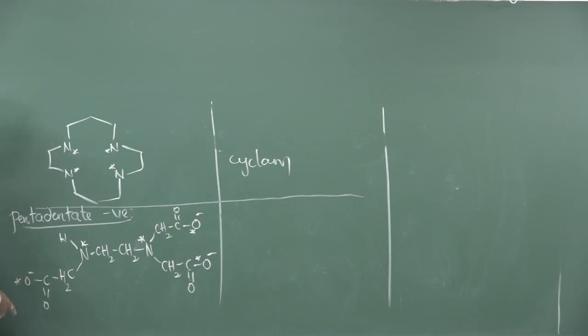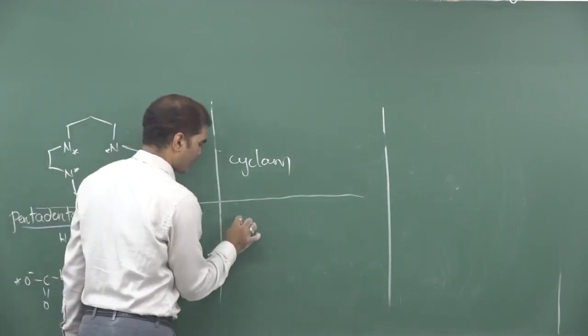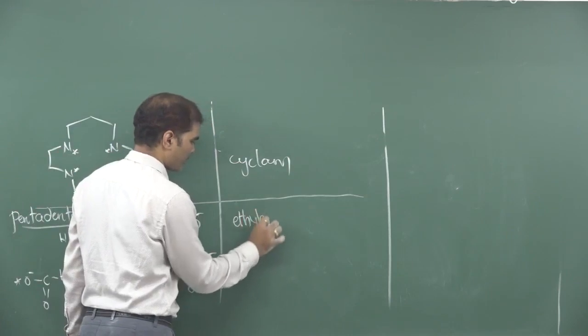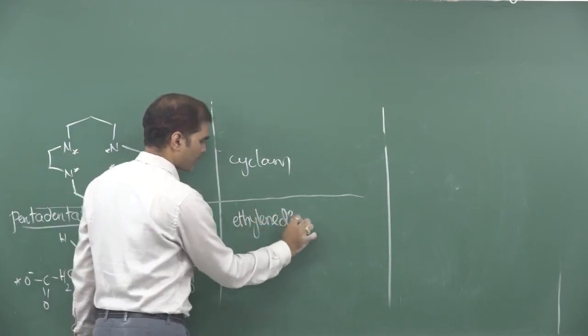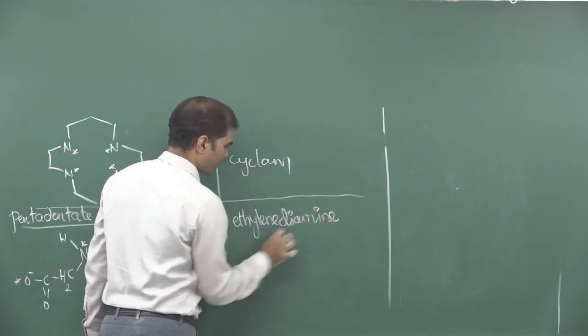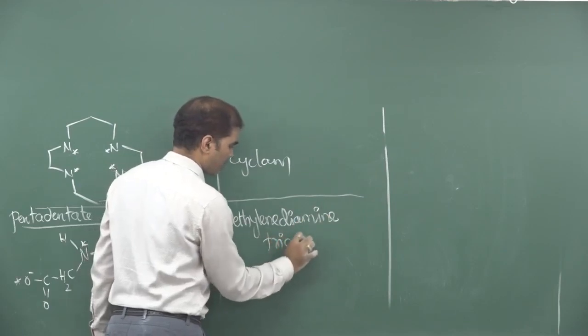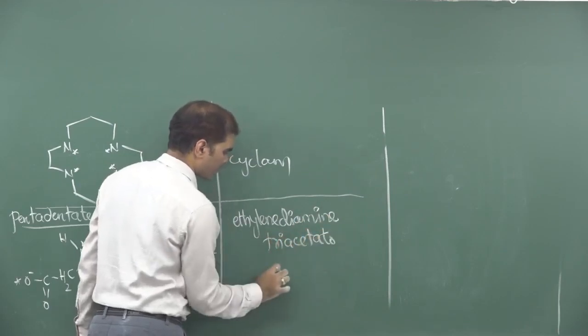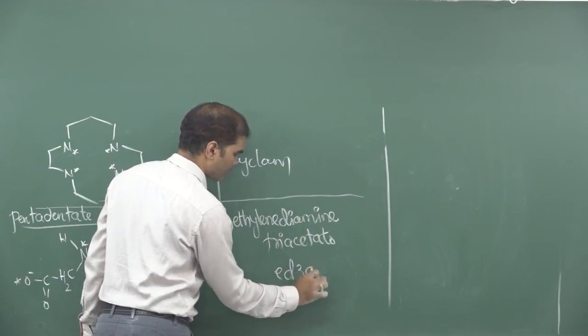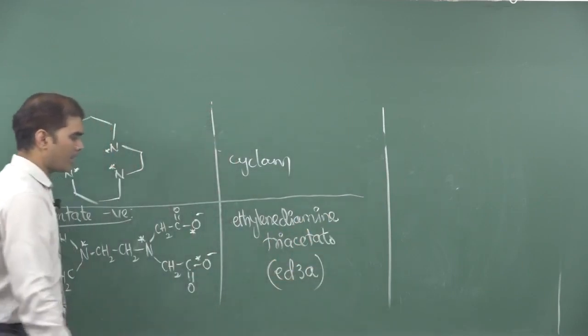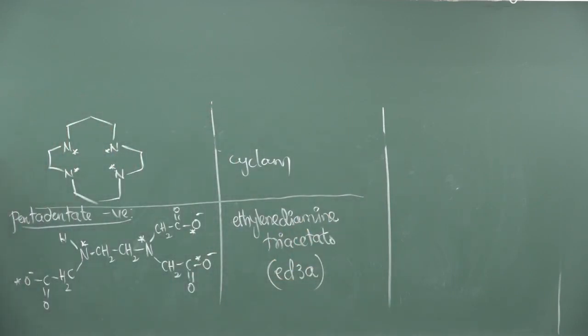Next one, pentadentate negative. Altogether there are 3 negative charges. You call it ethylene diamine triacetate, abbreviated as ED3A.